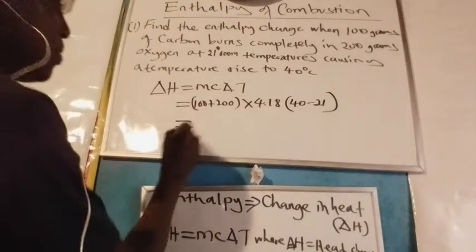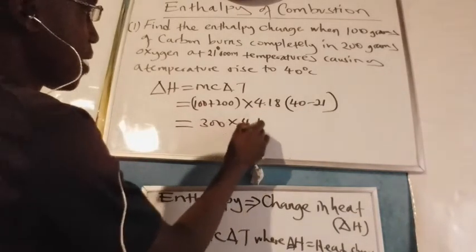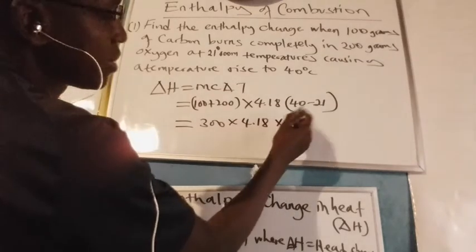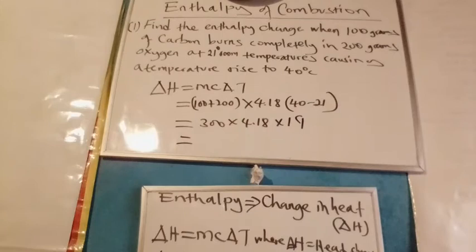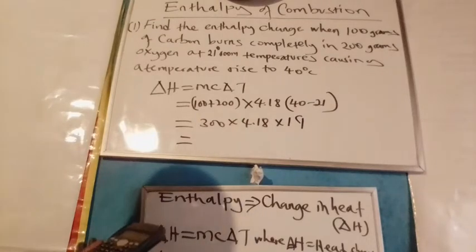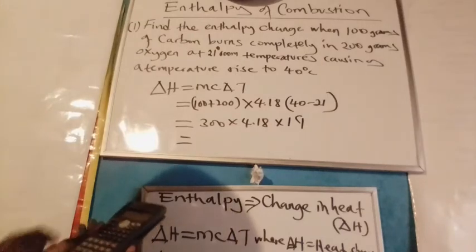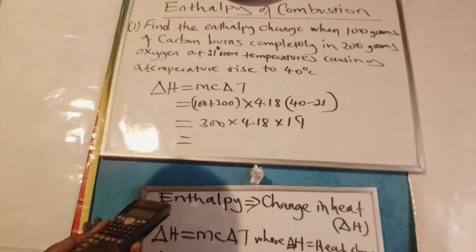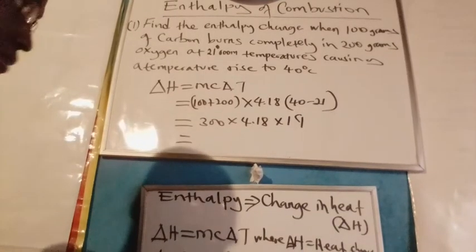When you do this, you will find you have 300 times 4.18 times 19. And mathematically, as we quantify that, the net result is 23,826.